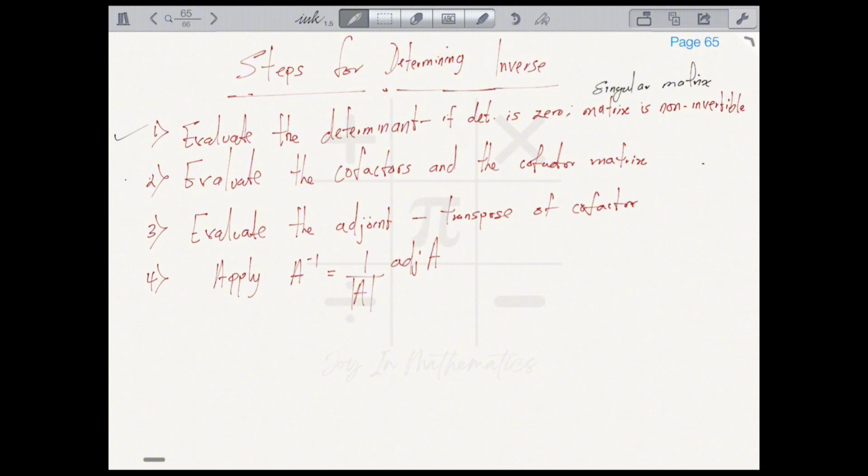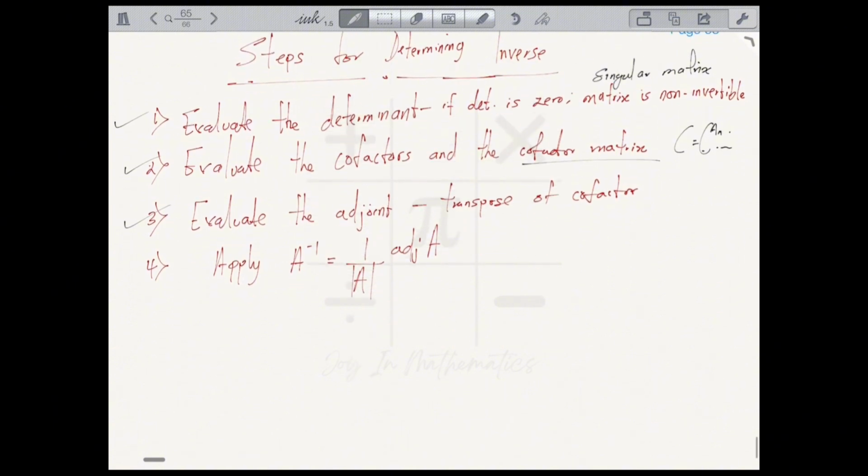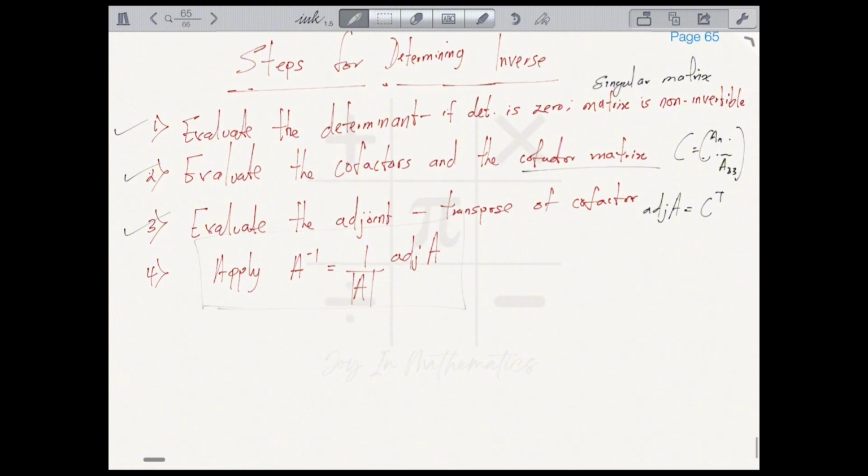The next step is to evaluate the cofactor and the cofactor matrix, that is, C is equal to A11 down to A33. Afterwards, we evaluate the adjoint of the matrix, which is the transpose of the cofactor, and then we apply this formula.